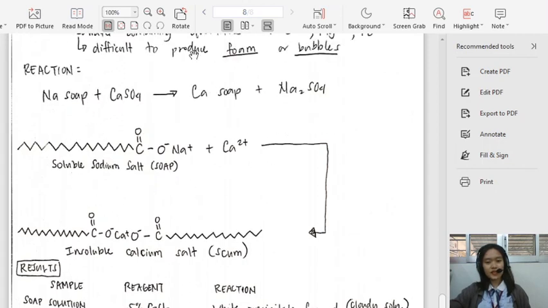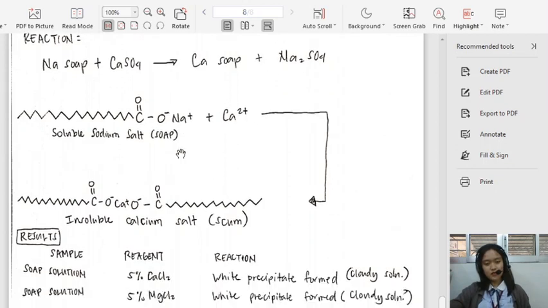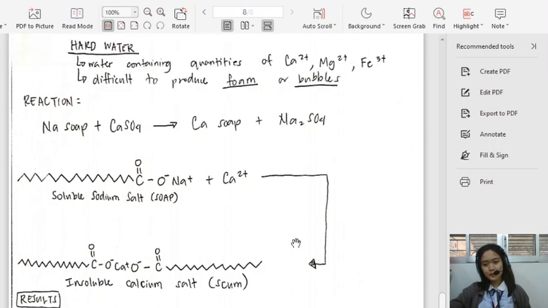Bigay niyo yung reaction nito. So, pwede yan sa quiz. Papagawin ko kayo ng ganyan. So, dito ang sample kasi natin is calcium and sodium. So, anong nangyayari if KOH, no? Or soap galing sa KOH na alkaline. So, K, potassium soap plus magnesium chloride. So, anong mangyayari doon? Okay, gagawin niyo yan siya.